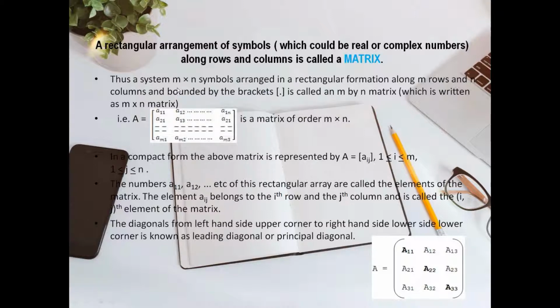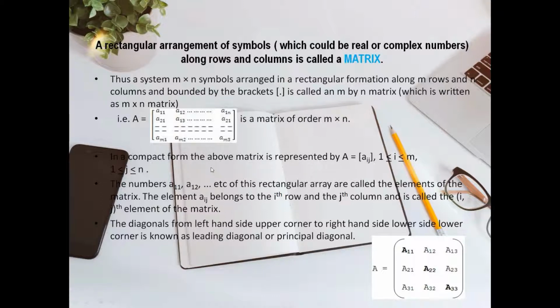Thus, a system of m cross n symbols arranged in a rectangular formation along m rows and n columns and bounded by the brackets as they are is called an m by n matrix, which can be written as m cross n matrix, and we normally say m cross n matrix. Okay, that is, this is a matrix of order m cross n.